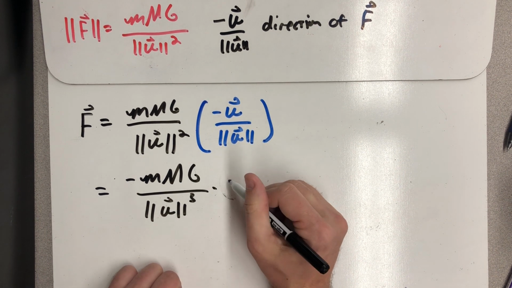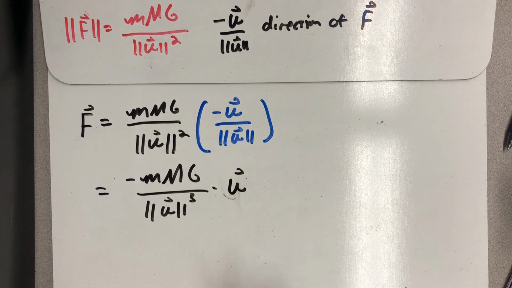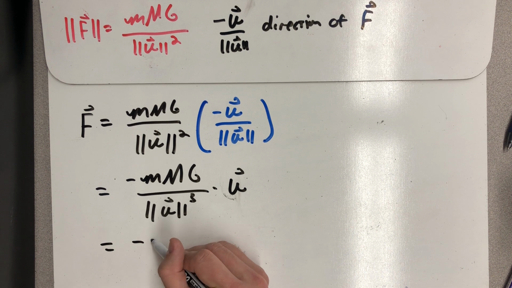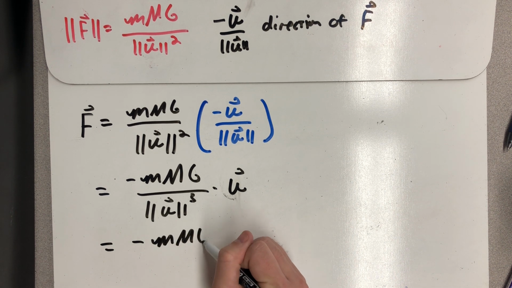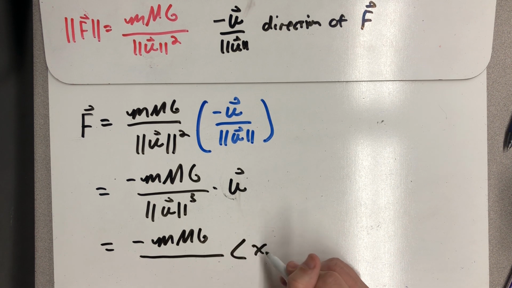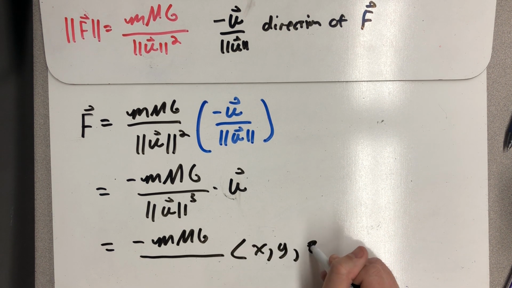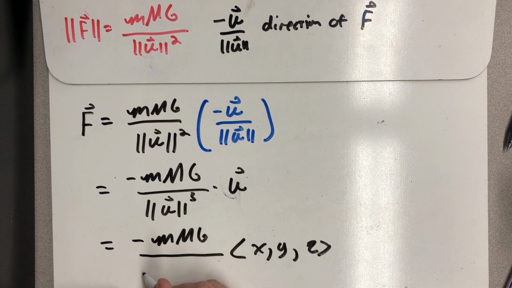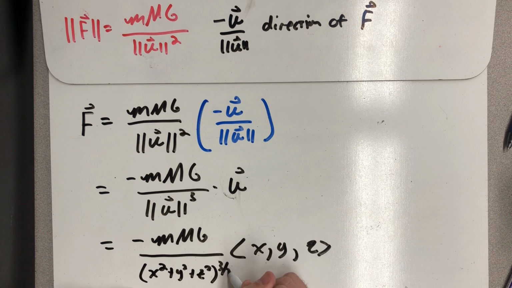I know that u is the vector x, y, z. And I know the magnitude of u is the square root of x squared plus y squared plus z squared, which I then raised to the third power. So I could write that as x squared plus y squared plus z squared to the 3 halves.